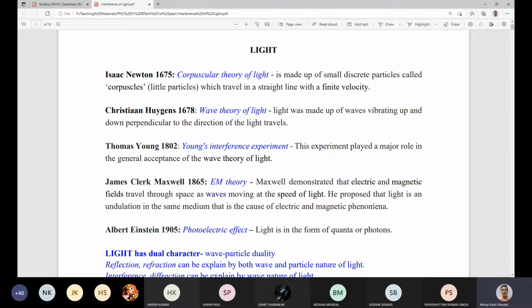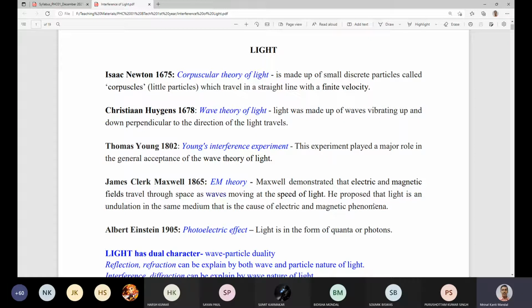Now, in 1865, Maxwell demonstrated that electromagnetic fields can travel through space as waves moving with the speed of light. He proposed that light is a disturbance in the same medium that is the cause of electric and magnetic phenomena.